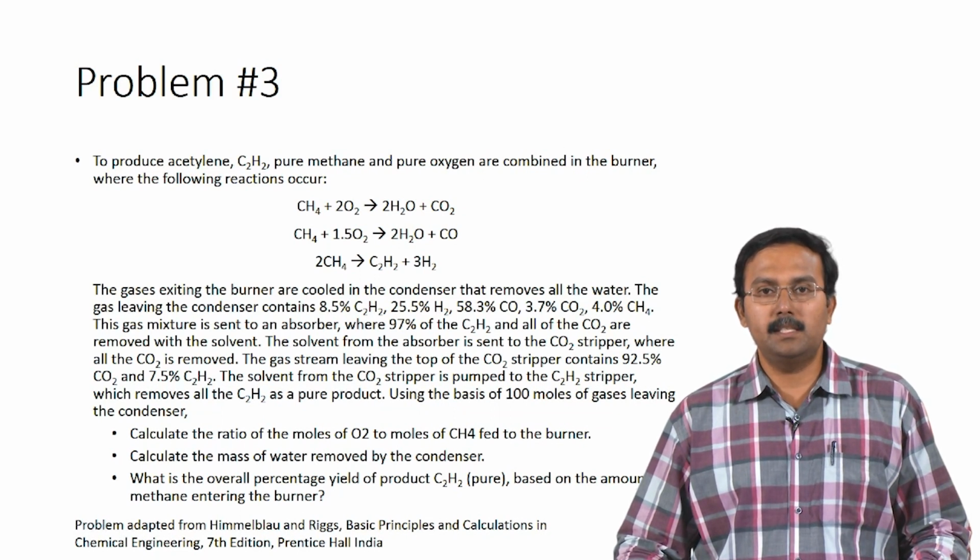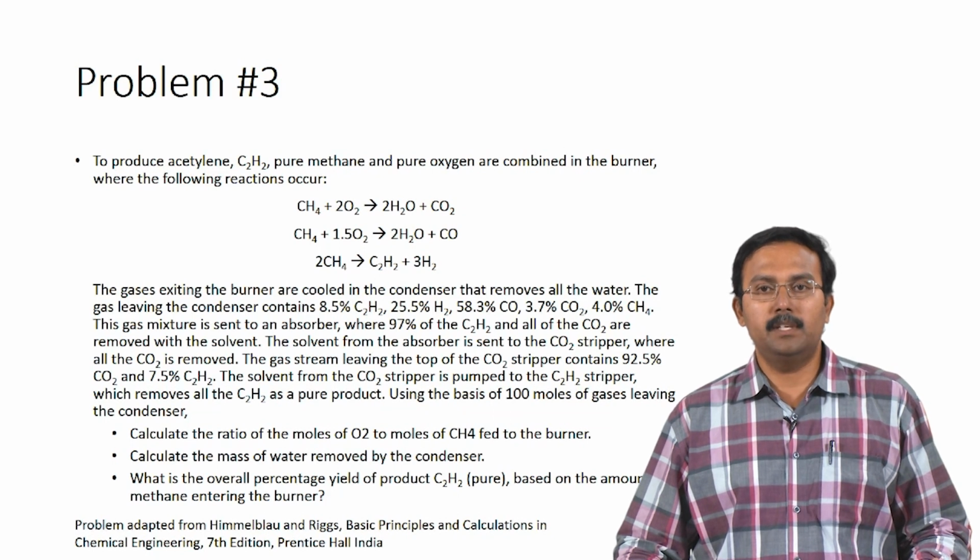The gases which are exiting the burner are cooled in the condenser, which removes all the water. The gas leaving the condenser contains 8.5% acetylene, 25.5% hydrogen, 58.3% carbon monoxide, 3.7% carbon dioxide, 4% methane. This gas mixture is sent to an absorber where 97% of acetylene and all of the CO2 are removed with the solvent.